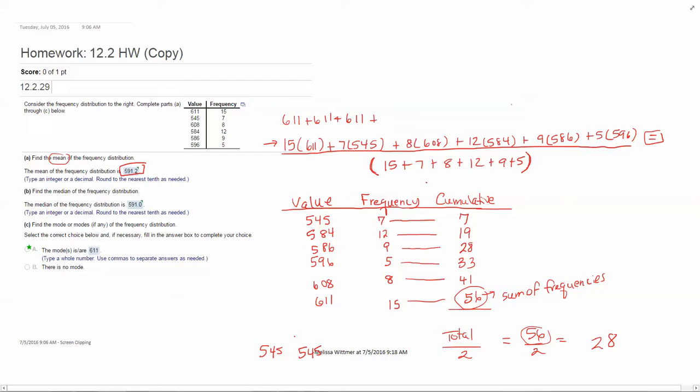For instance, let's say that you have the numbers 1, 2, 3, and 4. We have 4 numbers in this data set. Now the middle is going to have to be exactly balancing the data set, so we have 2 numbers on each side. So if I look at the total numbers here, the total is 4 numbers.